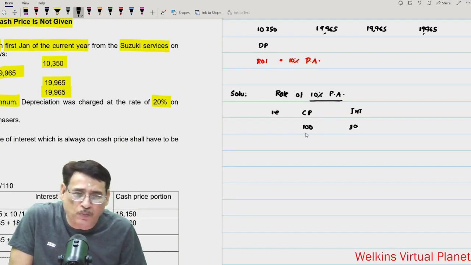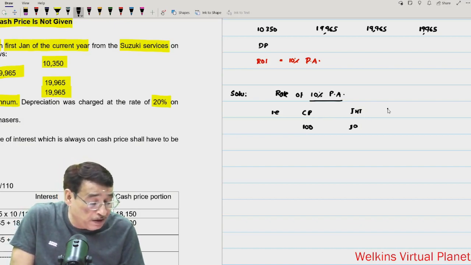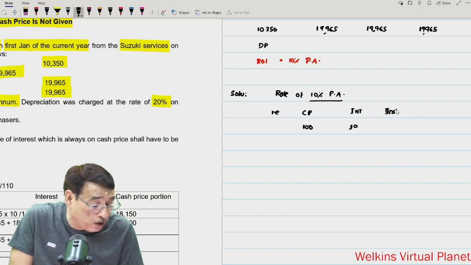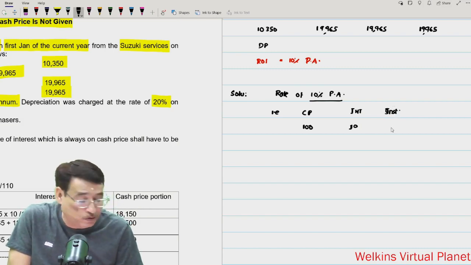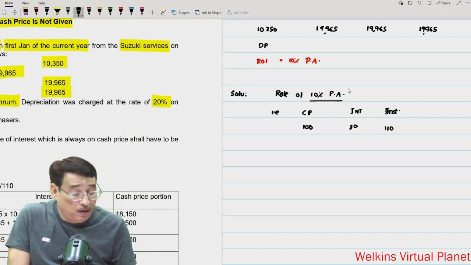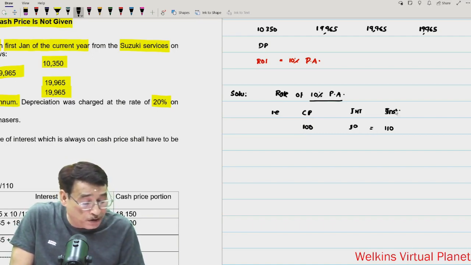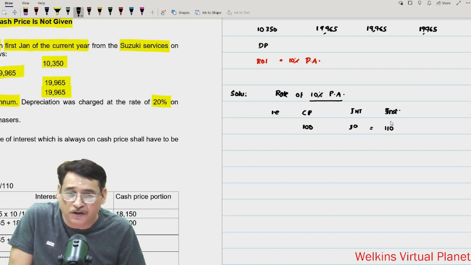And so many times I have told you that cash price plus interest combinedly frames the gross installment or simply installment, because word installment always means gross installment. That is 110. Correct? Rate of interest 10% per annum means your cash price is 100 and interest is 10. Automatically it means your hire purchase installment is 110.